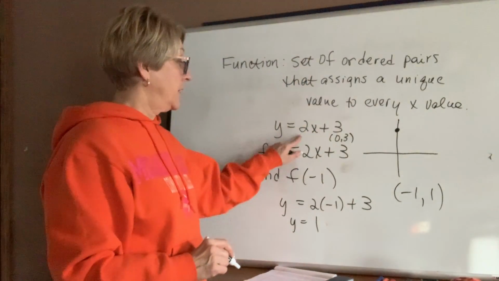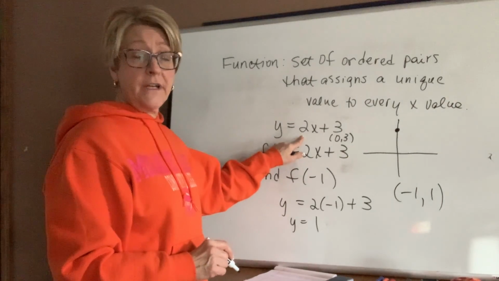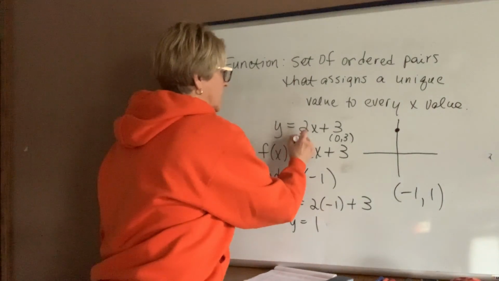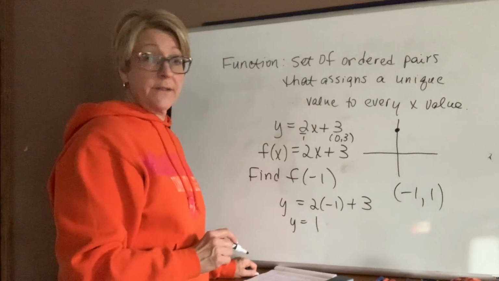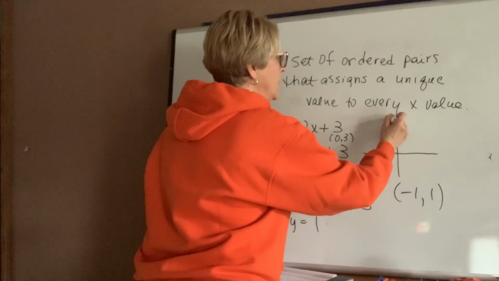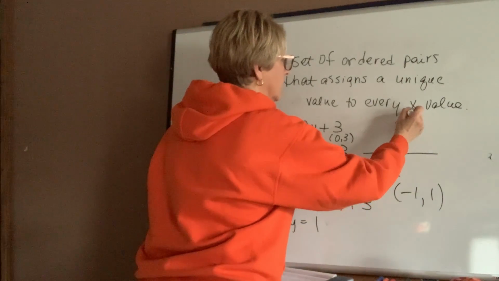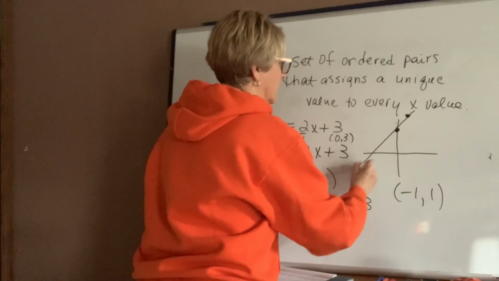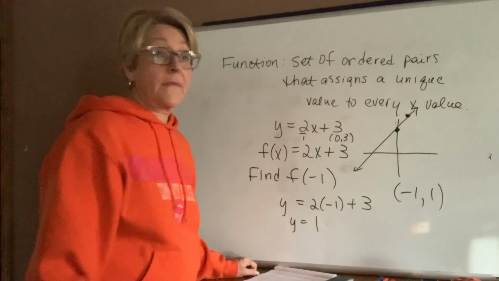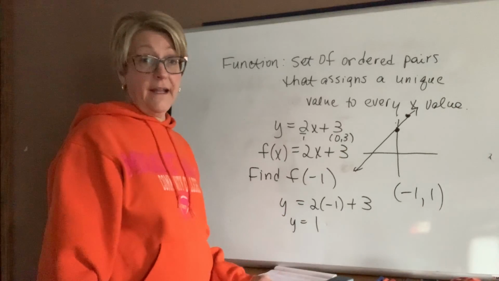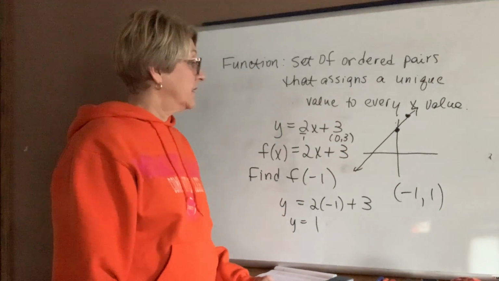And then what do we do? We look to the slope, the coefficient on x. So 2 over 1 tells me what? Move up 2 and right 1. So there's my line.